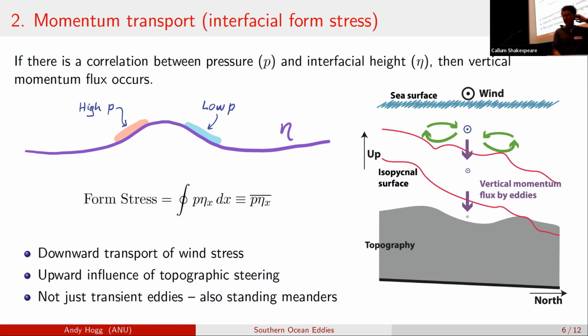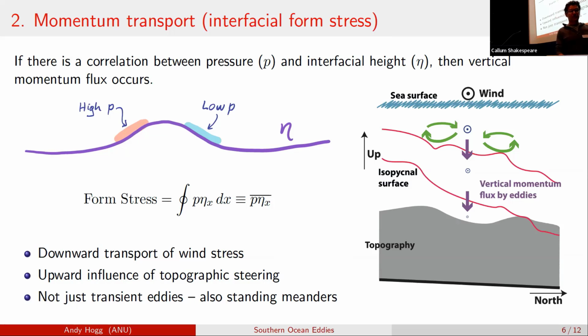So what I'm drawing in this little schematic here on the left is this purple line, some isopycnal somewhere in the Southern Ocean. And you can see there's sort of a bump in it. And let's just imagine for argument's sake, that on one side of this bump, there's high pressure, and on the other side of this bump, there's slightly lower pressure, okay?